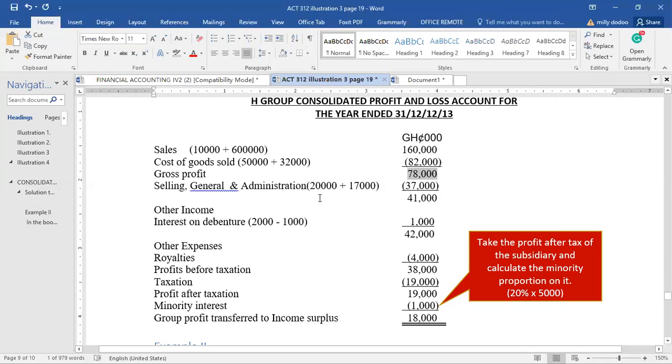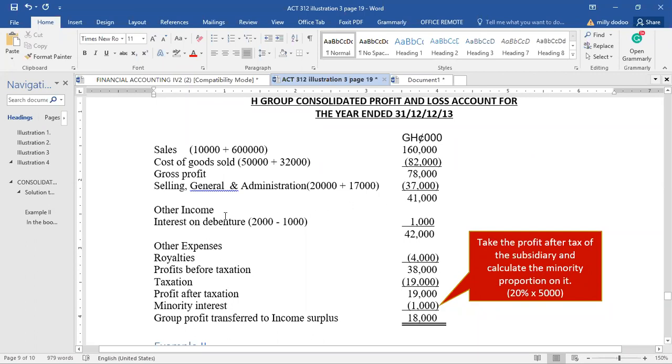That of S is 17,000. And so therefore, when I add the two, I will get 37,000. So 37,000 becomes my consolidated selling, general, administration expenses. So when I subtract it from the 78,000, I'll get 41,000.